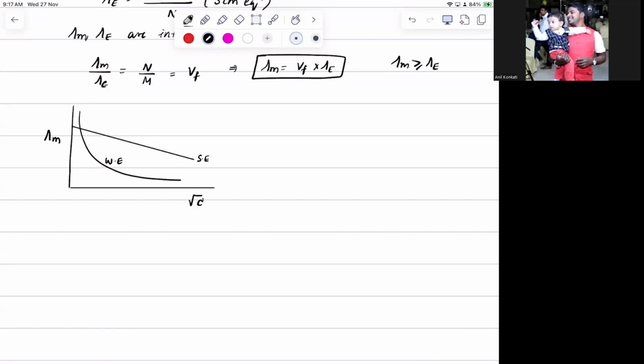Got it? So from here, what are the conclusions we can draw? On dilution, lambda M or lambda E will always increase. Clear? For both weak electrolytes and strong electrolytes.